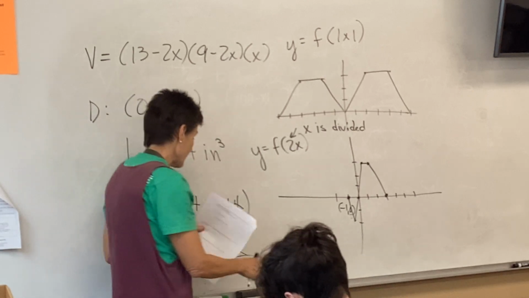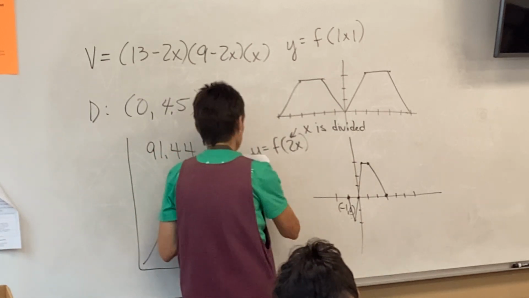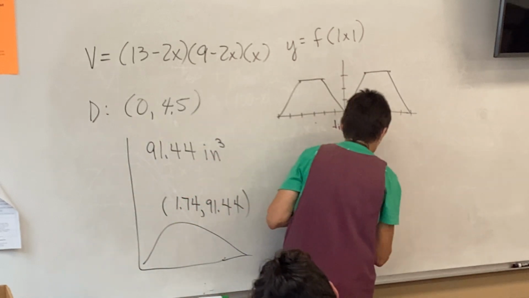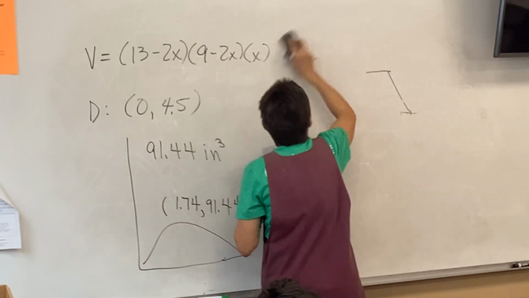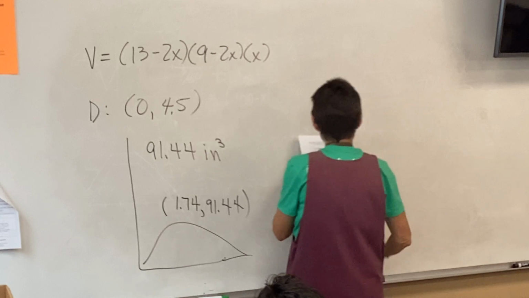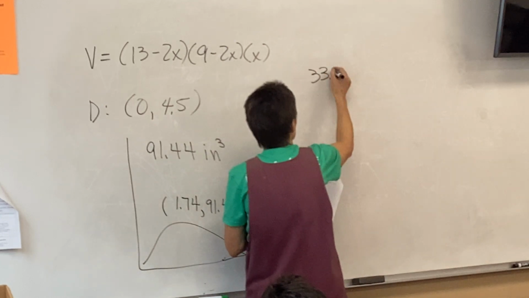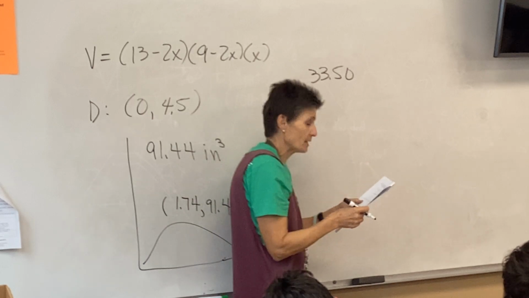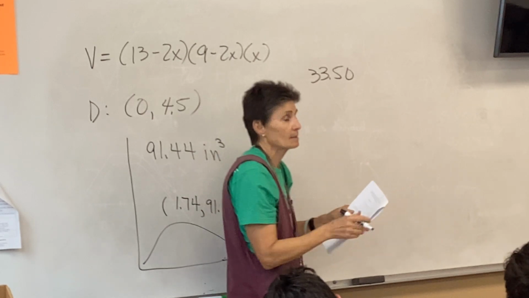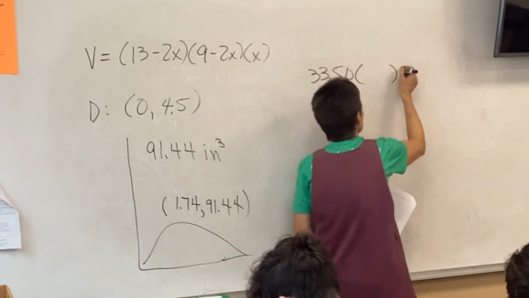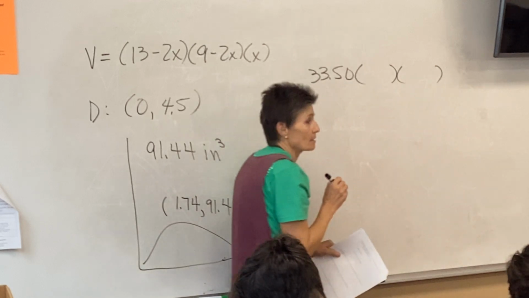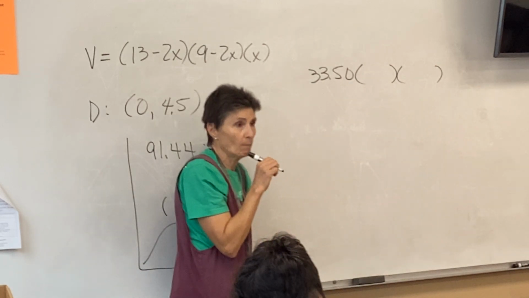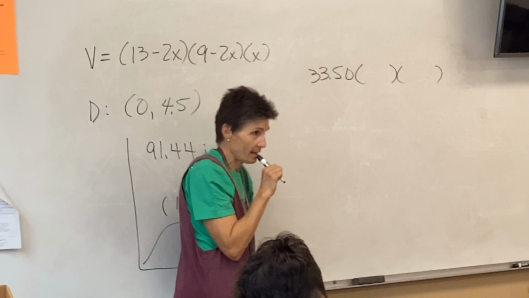Okay, number 3. We're going to buy some new uniform pants. Well, what do we know? We know we started with $33.50, a 15% discount and 7% tax. Two multiplications. What am I multiplying by? Megan?